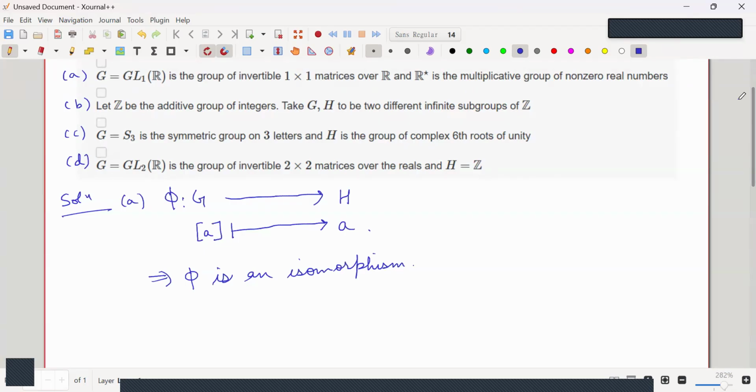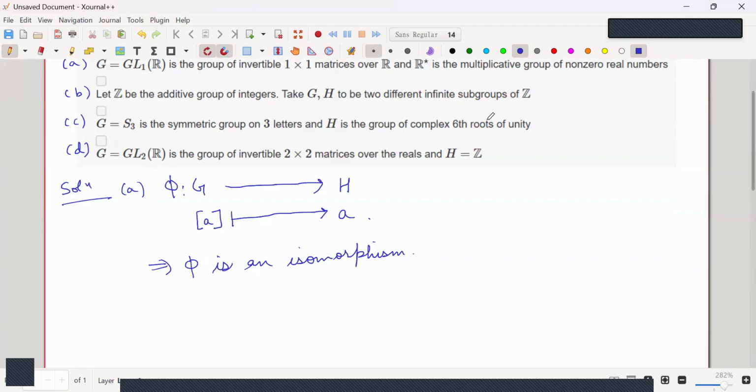It's a very easy question to start. Then let's move to the next question. Z is the additive group of integers, and G and H are two different infinite subgroups of Z. Are they isomorphic? What is the reason behind it?